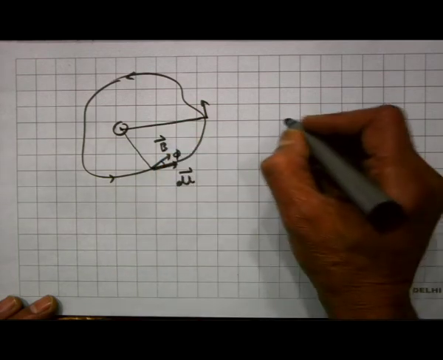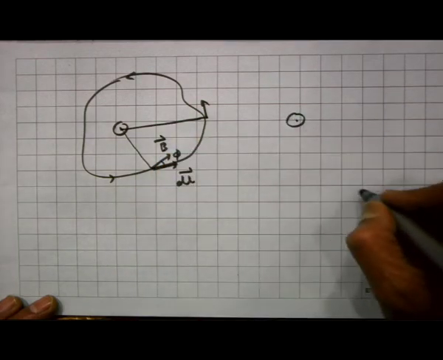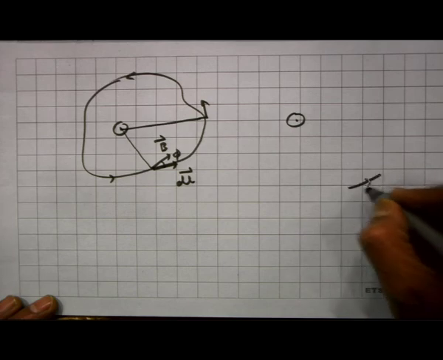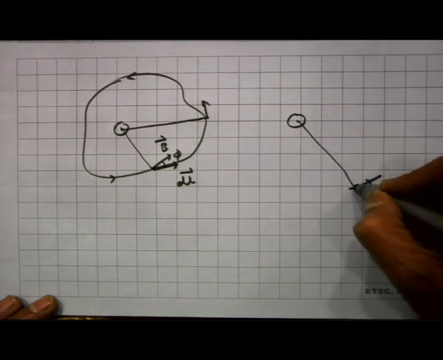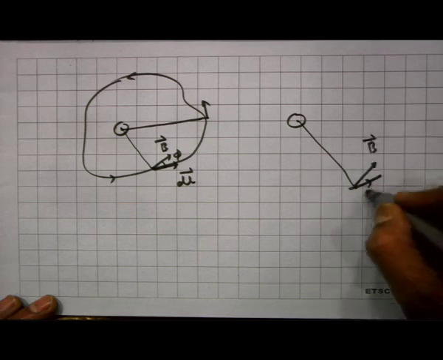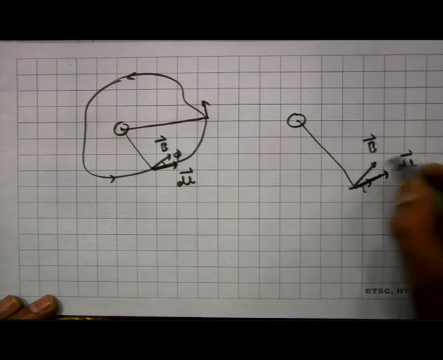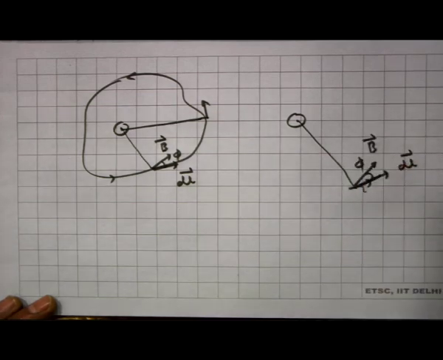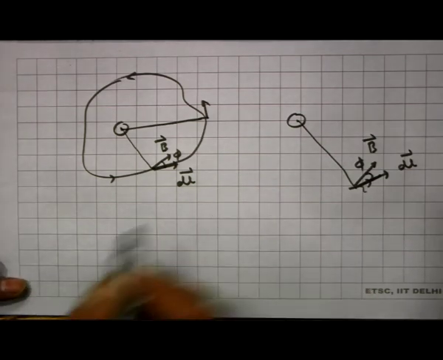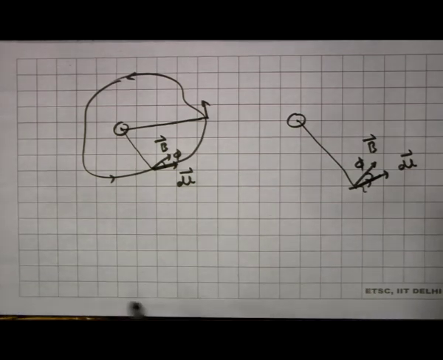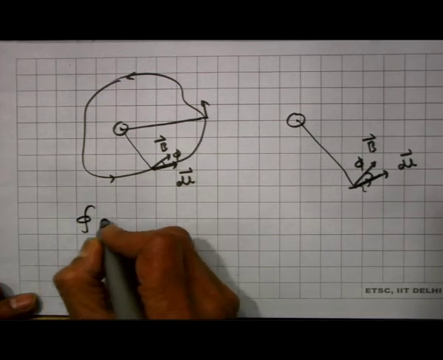Let me draw a figure again here. At this point the current element is like this, the magnetic field is here, the dl vector is here, and this is phi. I want to calculate this quantity.